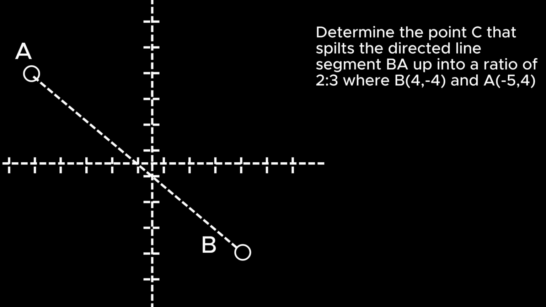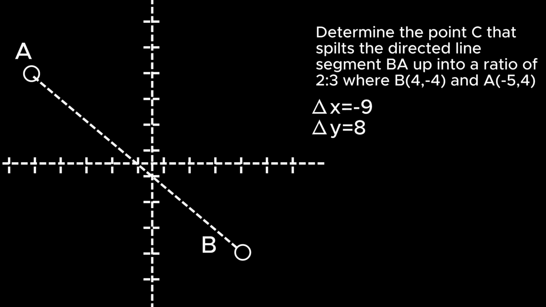We're going from B to A this time. So from B to A, our x value changes by negative 9, and our y value changes by positive 8.